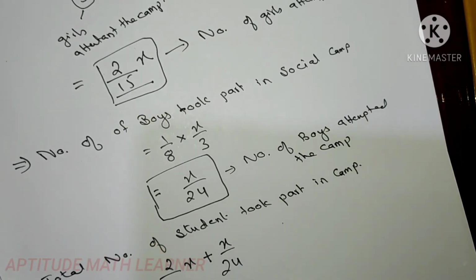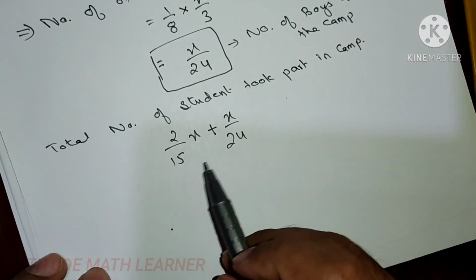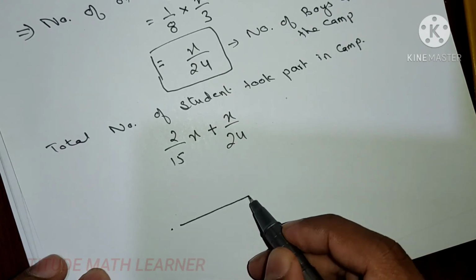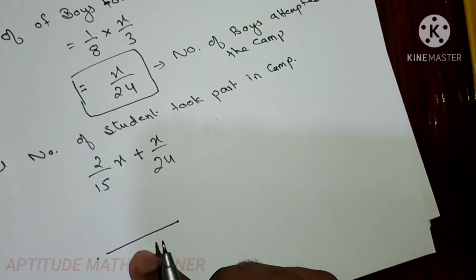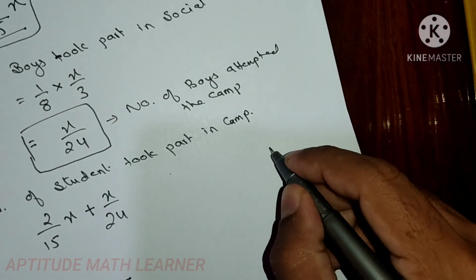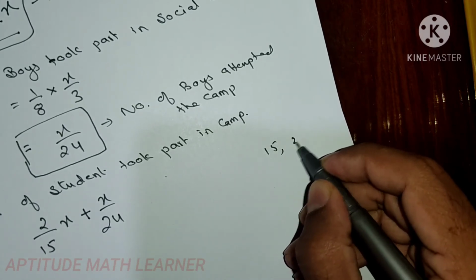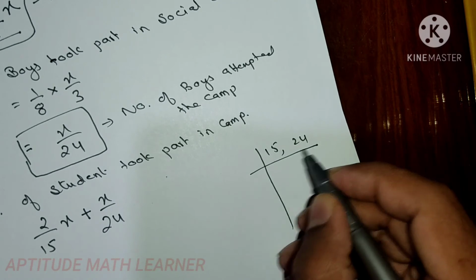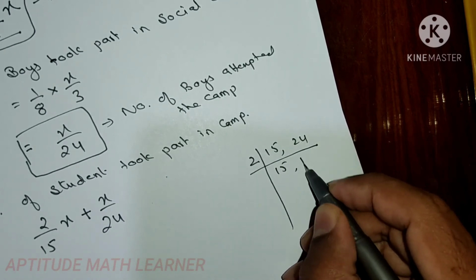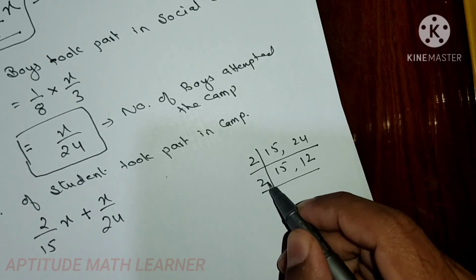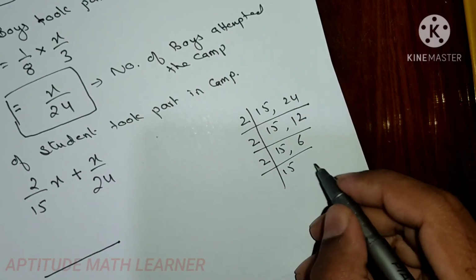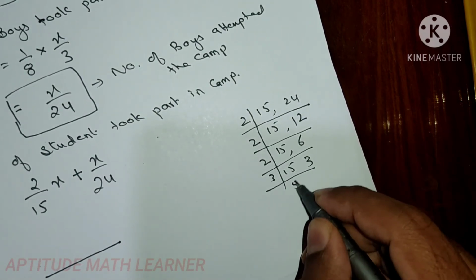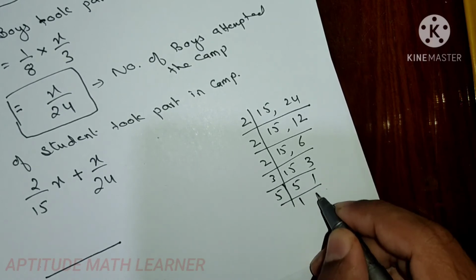So we take the LCM of this. What is common, we put it here. For this we take the common: 15, 24. It becomes 2, 15, 12, then 2, 15, 6, then 2, 15, 3, then 3, 5, 1 and 5, 1, 1.